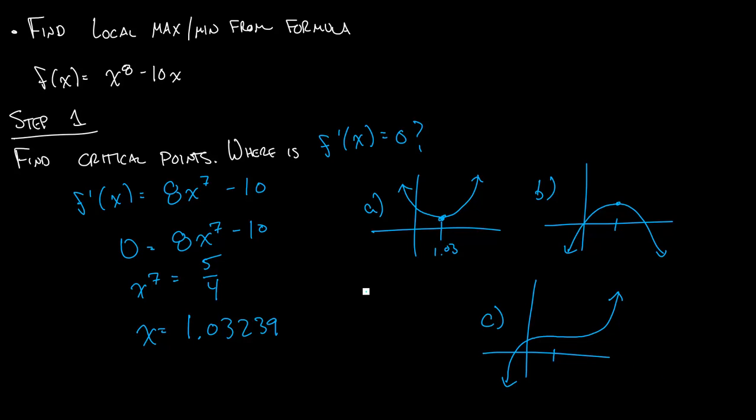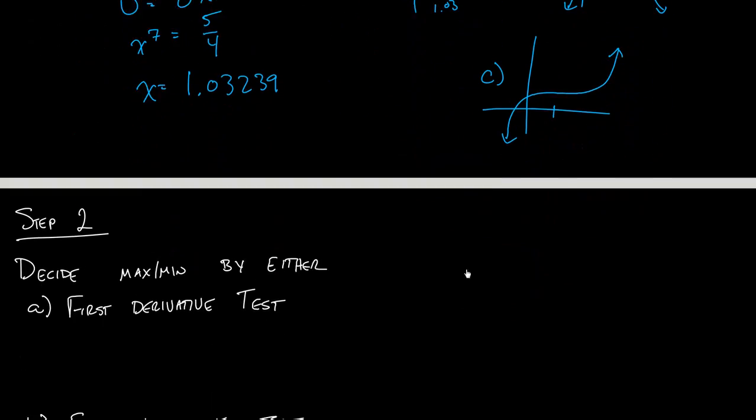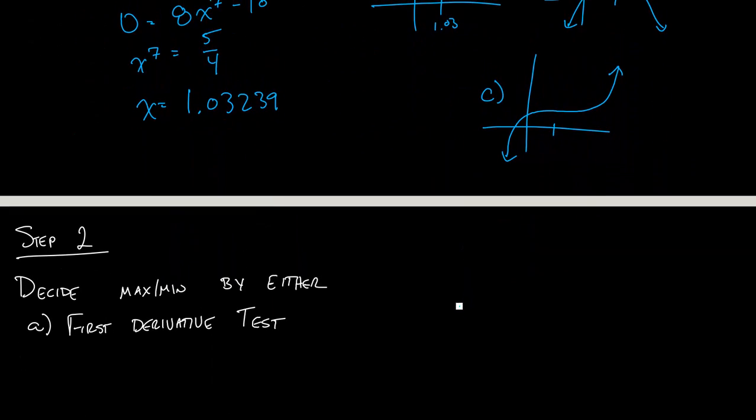There are two ways to decide whether it's A, B, or C. The first way is the first derivative test, which is what we talked about in class. We're going to make a number line for f prime. The big idea is that on this number line we mark our critical points, which in this problem is only one, and check whether f prime is positive or negative on each side.